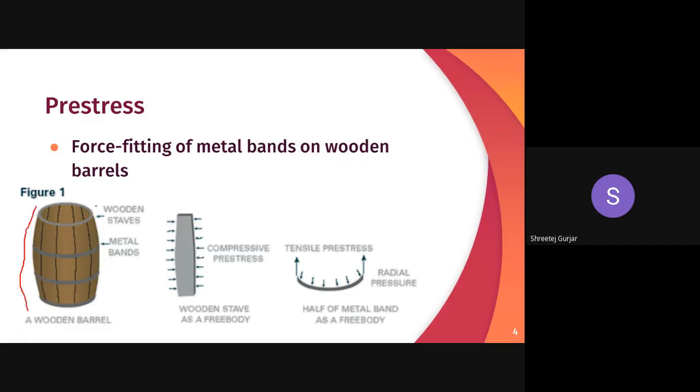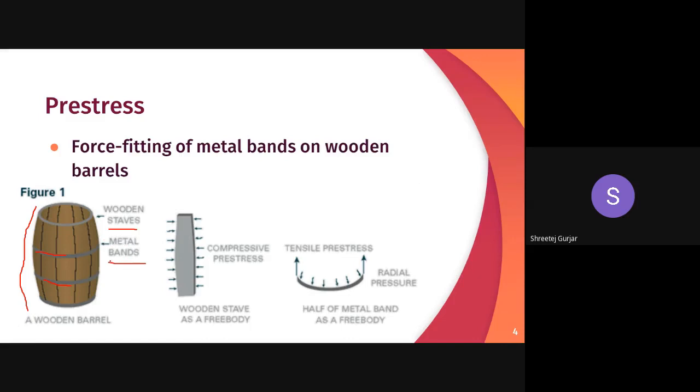These barrels have wooden staves, individual elements, which are held together by metal bands. As you can see, three metal bands are here, and two metal bands are here. These individual elements are not glued or stuck together, but held together by force, by these metal bands.